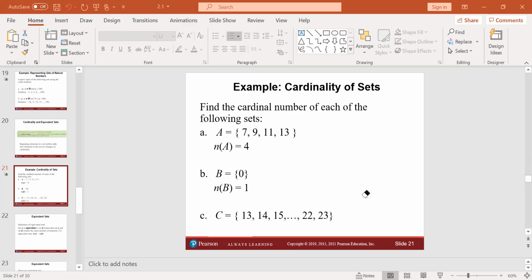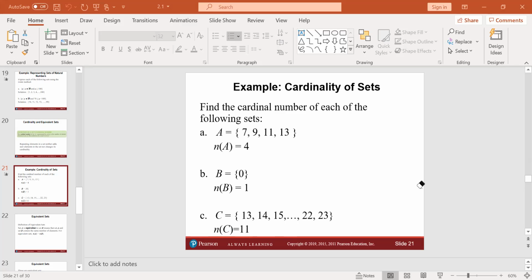But let's count it out together, and you're going to see you're wrong, and I'll explain why. 13, 14, 15, 16, 17, 18, 19, 20, 21, 22, 23. There's actually 11 things in that set.